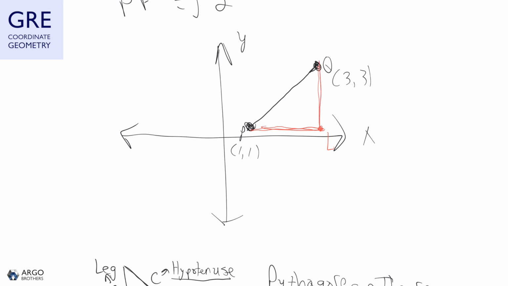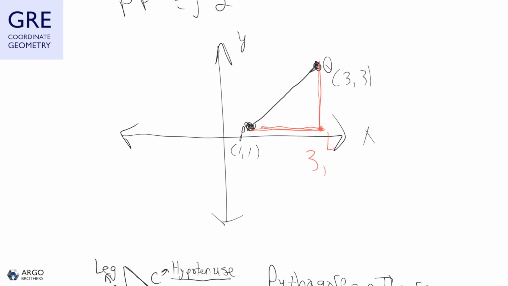Now to find this horizontal distance, all we need to know is what this point L is. And what is that point L? Well, if this point here is (3, 3), that means this is an x-coordinate of 3. So we know that that's an x-coordinate of 3. But what's the y-coordinate? Well, we know that this point here is (1, 1), which means this is a y-coordinate of 1, which means that over here is a y-coordinate of 1.